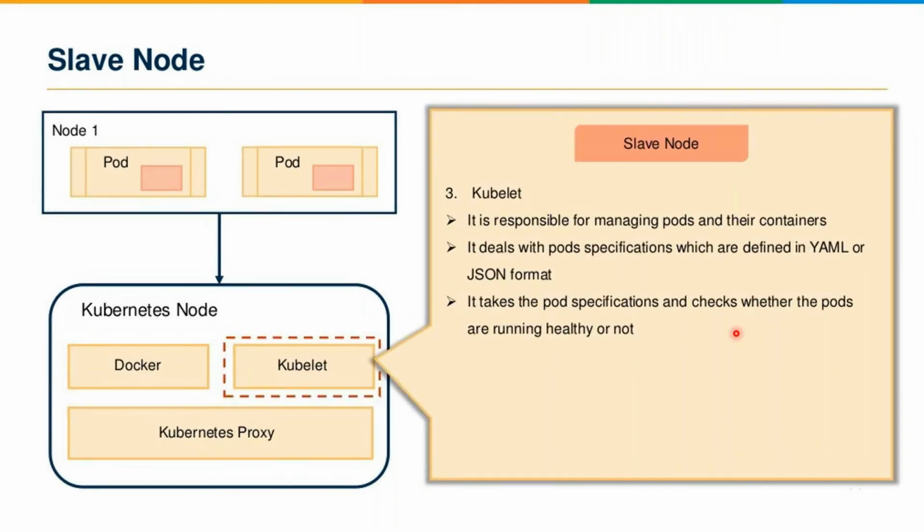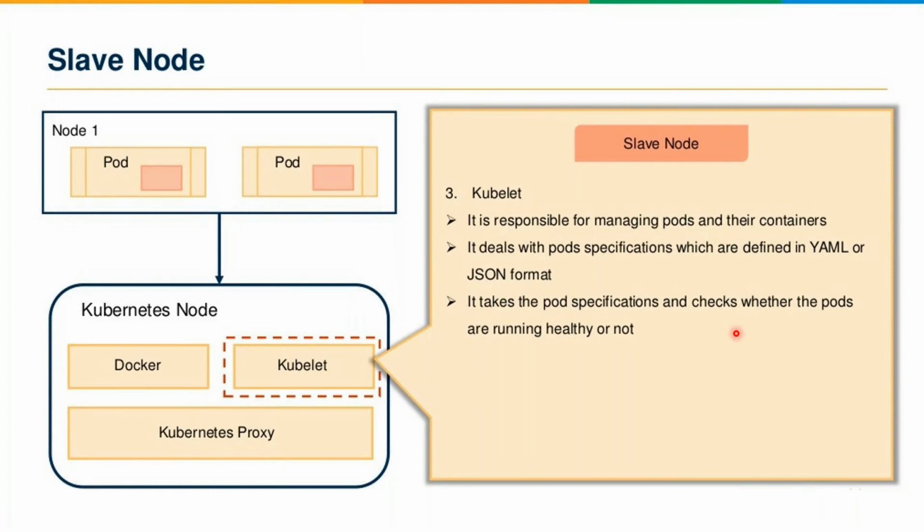Next component is kubelet. It is responsible for managing pods and their containers. So it deals with pod specifications which are defined in YAML or JSON format. So in Kubernetes, we use YAML script. YAML script we used in the previous tools, Ansible.